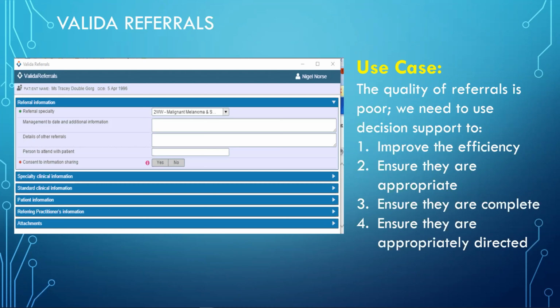And the final thing was to ensure that they ended up in the right place. So the back end of this, integration into the referral service and matching codes around the actual selected referral to the services delivered in the referral service by their service directory, was the method that we were using to direct them appropriately.